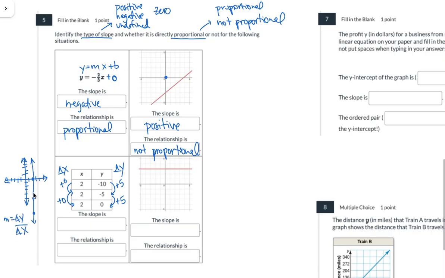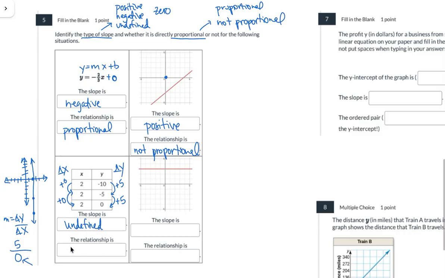And if I can't remember that this slope is actually an undefined slope, I should have been able to prove it to myself by putting the change in y, 5, over the change in x. Is it possible for us to divide by 0 in math? No, it is not, which is why this is undefined for the slope because it's a vertical line. All right. And then when we look at the relationship is, well, it is a straight line, right?